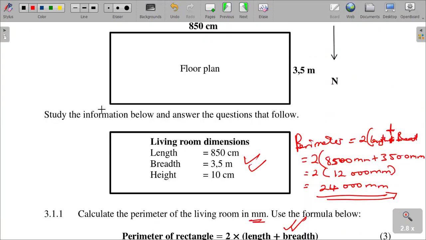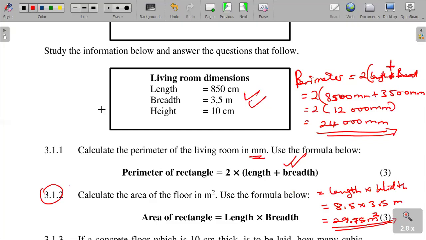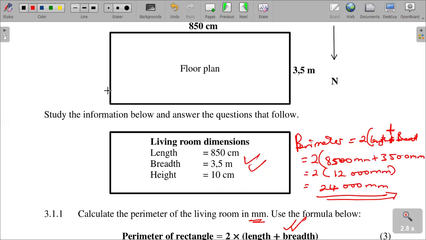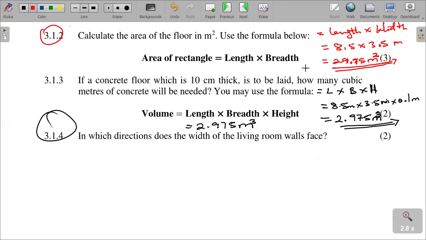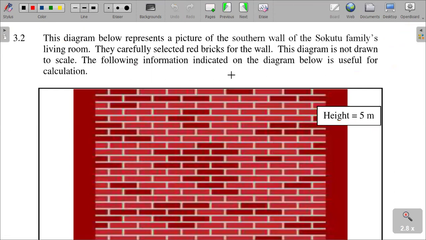You can see it is facing west, and it is actually west and east, which is shown there. It is facing west and east. That's the direction that it faces.